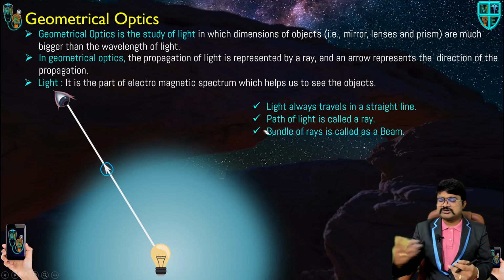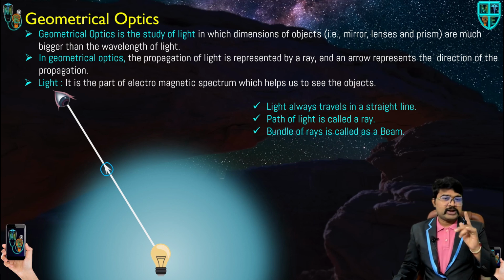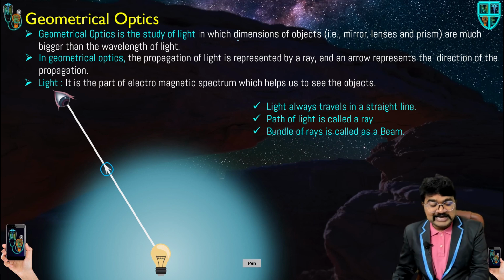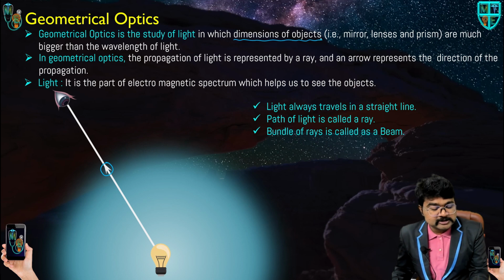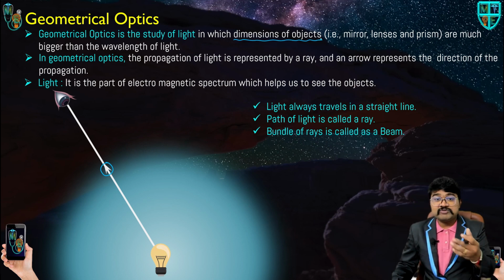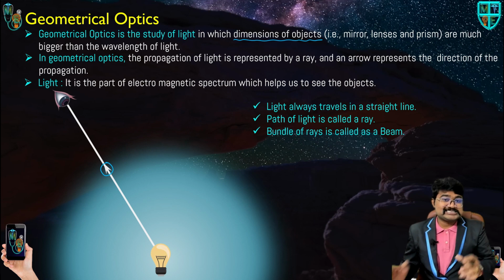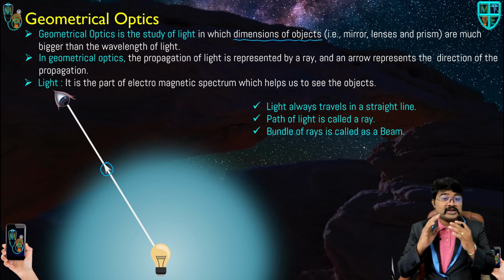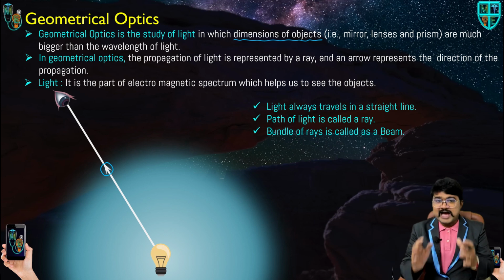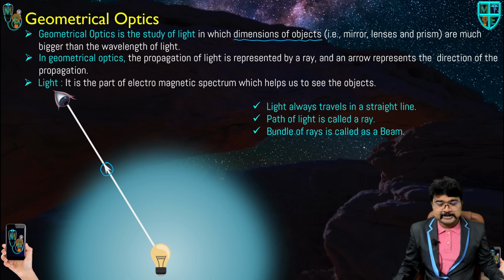Some fundamentals of geometrical optics. One important point here is that dimensions of objects are much higher than the wavelength of light. After that, the propagation of light is represented by a ray. In this ray, you will have an arrow. The arrow represents the direction of propagation.